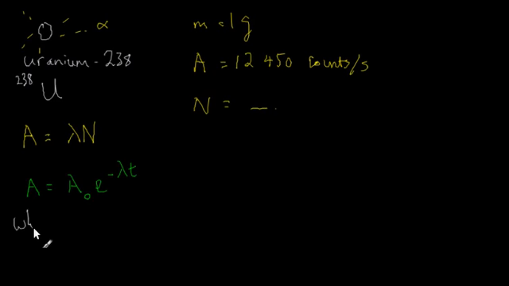As I've said, when t is equal to 0, the activity is just A naught. When you put t equals 0 in there, you have e to the power of 0, which is 1. So 1 times A naught is A naught.